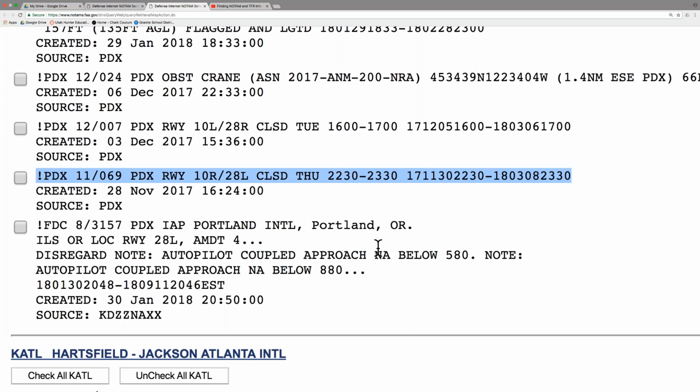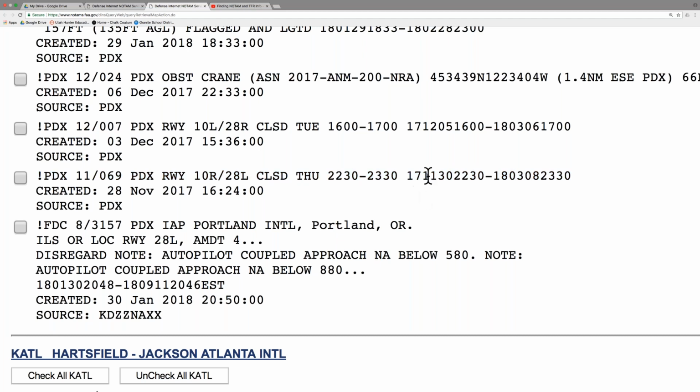From 2017 11 17 to 2018 03 08, 22:30 to 23:30.